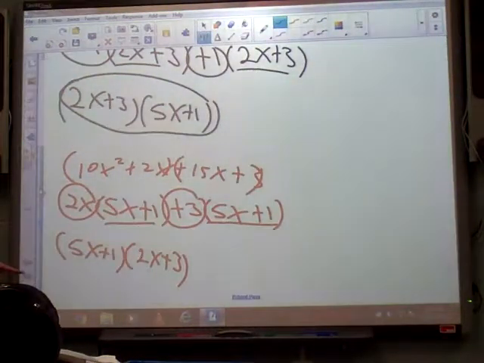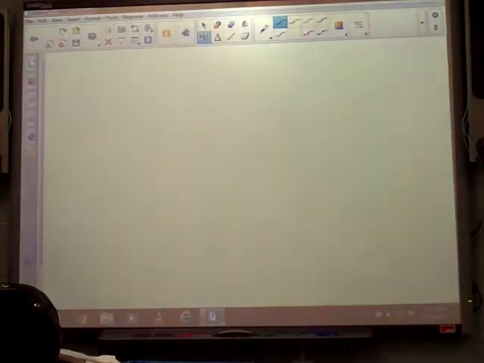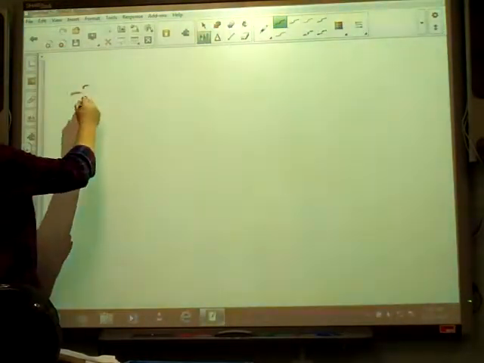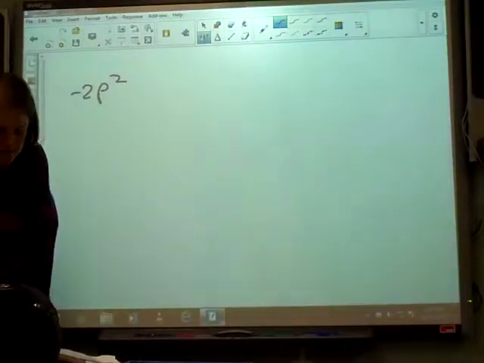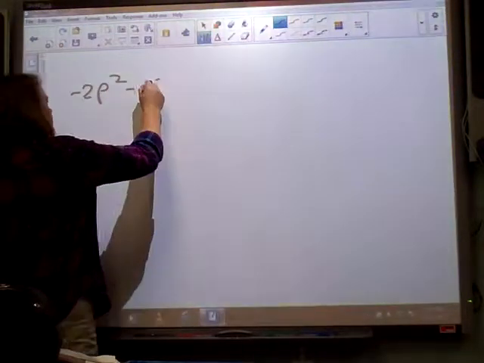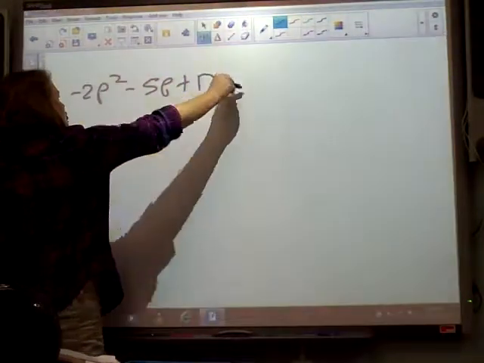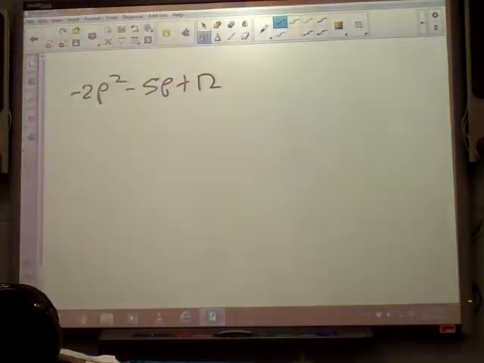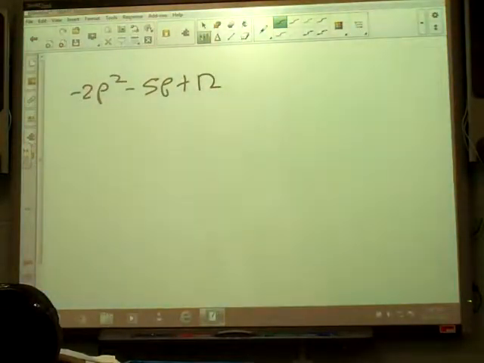Alright, let's look at this one. I got negative 2p squared minus 5p plus 12. That's 12 where my 2 and my 1 hooked together. Negative 2p squared, listen fellas, minus 5p plus 12. GCF other than 1? No, you're right. However, this is a case where I'm still going to factor something out.